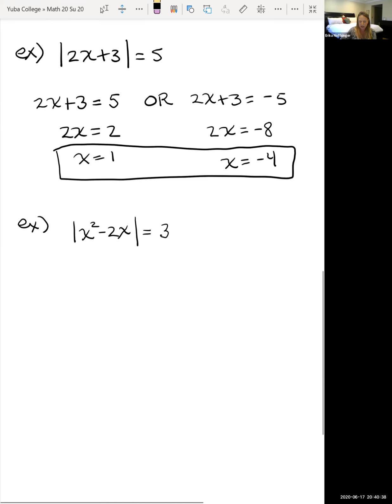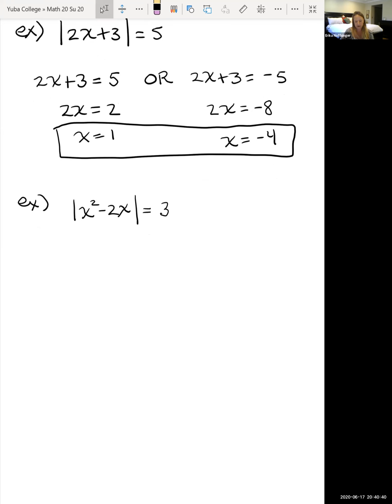Okay, so in order to solve the absolute value equation, you want to set it up as two separate equations. Both of the examples we started with already had the absolute value isolated. If there were other terms with this absolute value on one side of the equation, I would manipulate it and first isolate the absolute value before I dropped it.